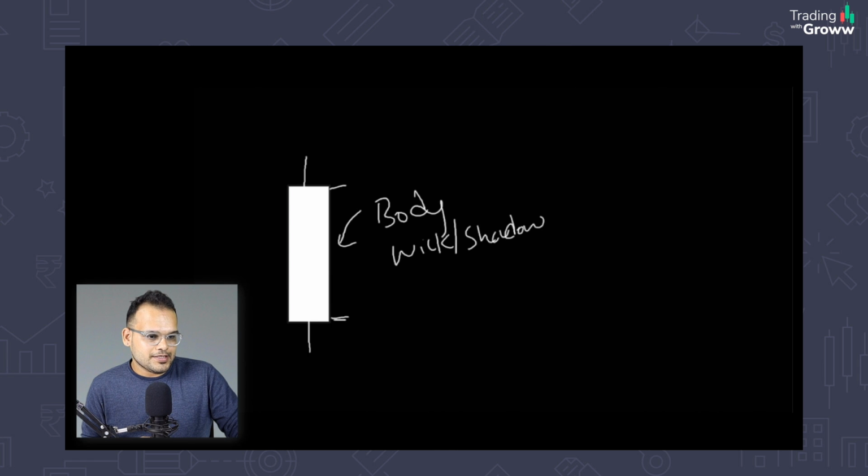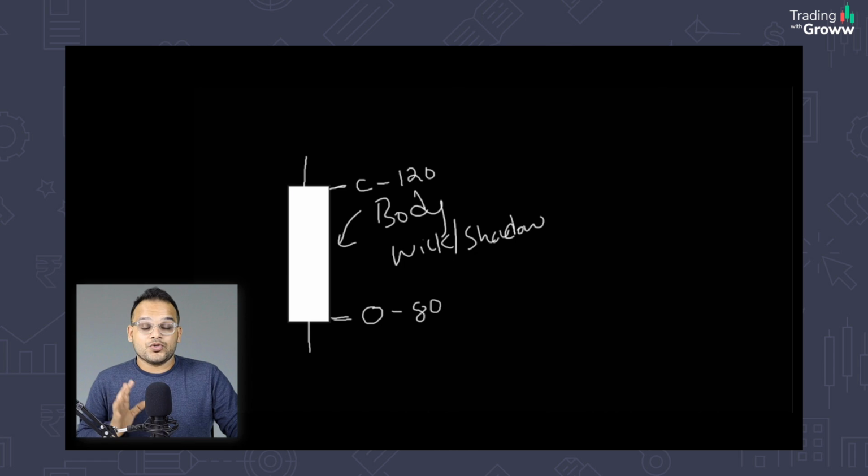Assume that this is the open. That means in this particular time frame the market opened, and let's assume it is 80 rupees. Assume that this point is the close, so I'm going to mark it as C. Close is at 120. So with this we can clearly see that the entire body represents the open and close data points of the price.